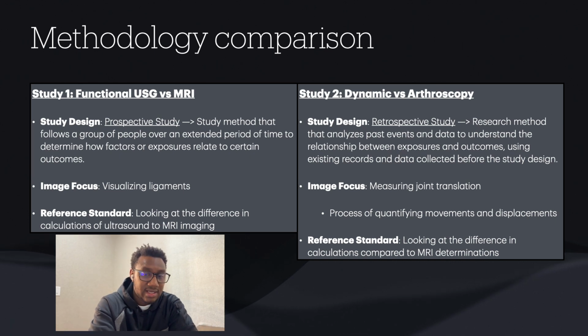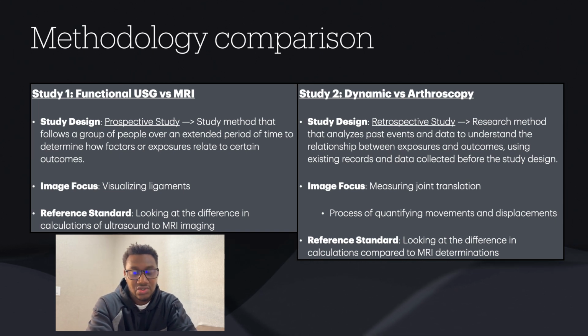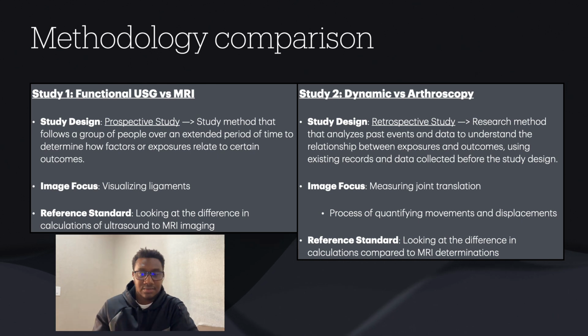It's also important to understand that study one aimed to validate ultrasound as an alternative to MRI, while study two was used to assess its ability to distinguish the severity of the injuries. This is particularly useful for surgical decision making overall.